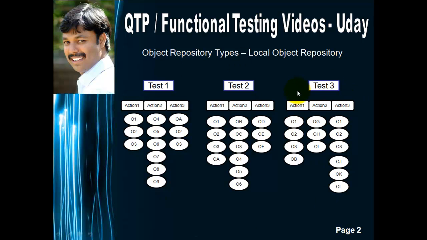With this example, how many references are there for object one? We have one here, another one here, another here, and another here. We have four instances of this object one. If the object got changed, I need to open all these tests and all these actions and update the object.